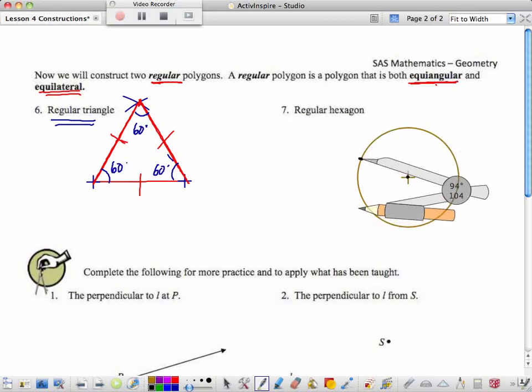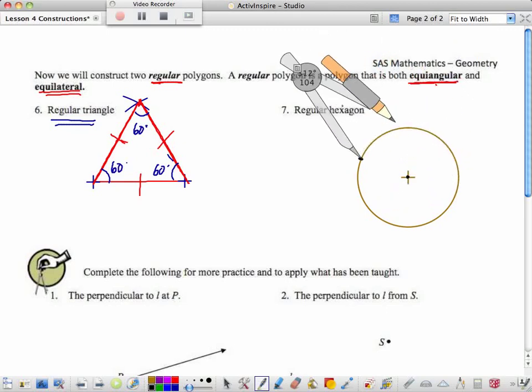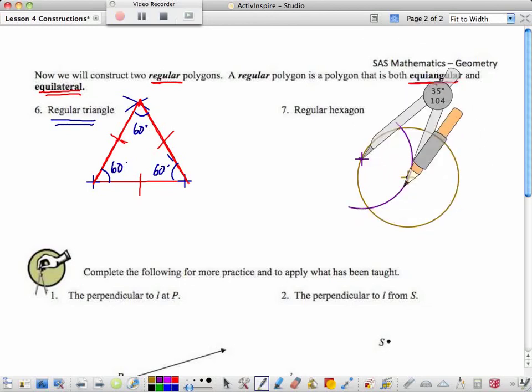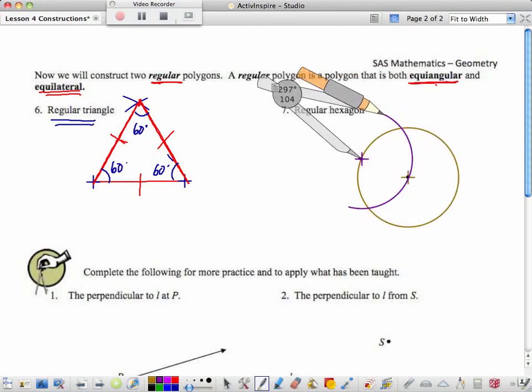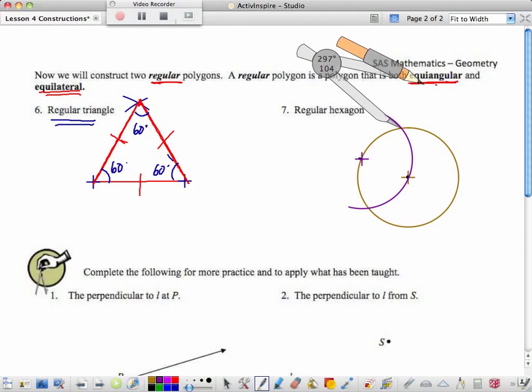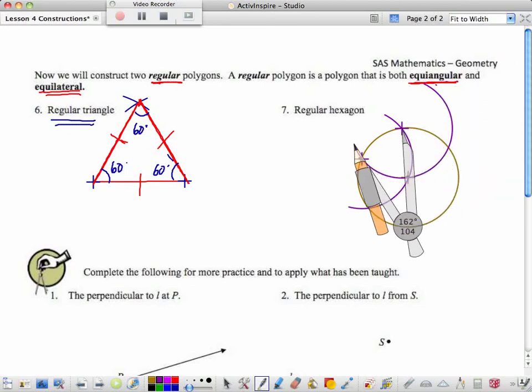And you're just going to make scoops everywhere around the circle like this. So I started with any point on the outside edge. I put a little scoop there that went through both parts of the circumference of the circle. Now I'm going to move my compass over, make my pointy part go in that intersection where the arc meets the circumference of the circle, and make another arc going around.